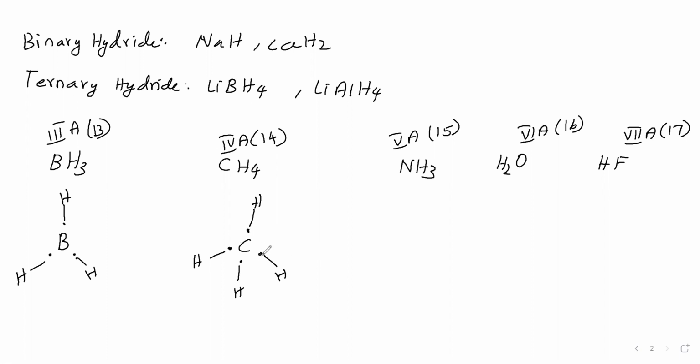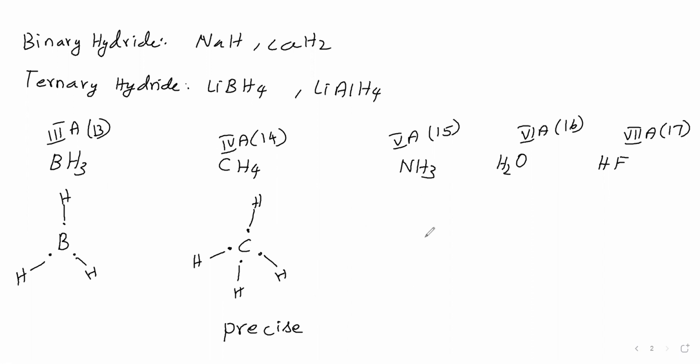So 8 electrons present in this valence shell. 8 electrons means it is octet. So it is obeying octet rule. So it is called an electron precise hydride.